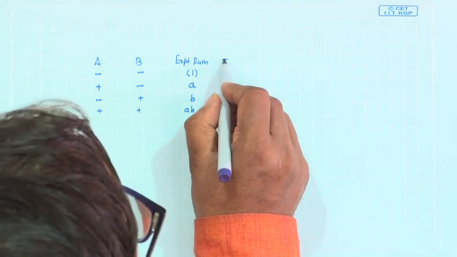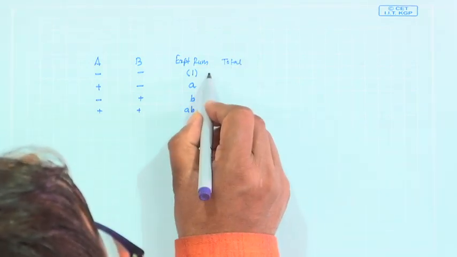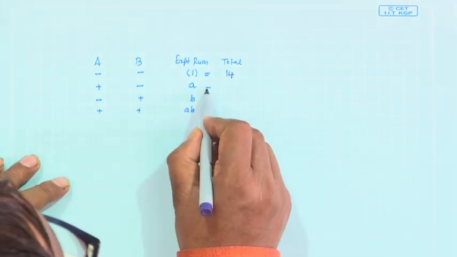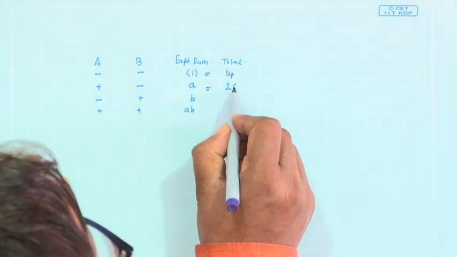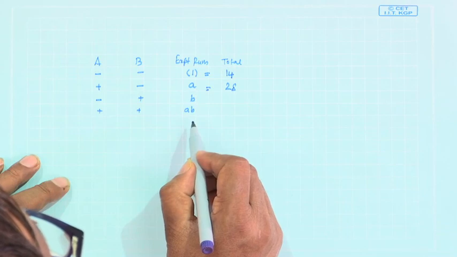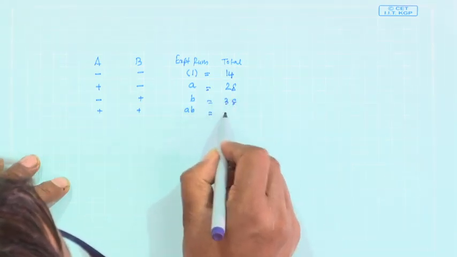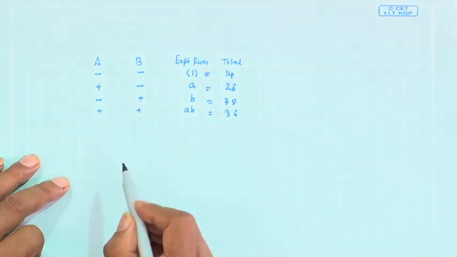And we have calculated the totals: 1 is representing 14, A total value is 28, B total value is 38, AB total value is 36.